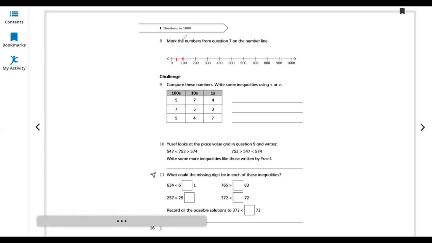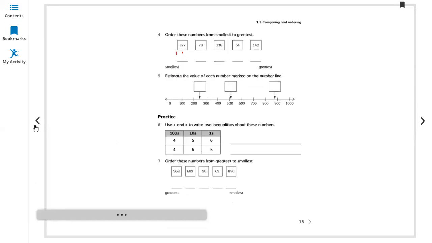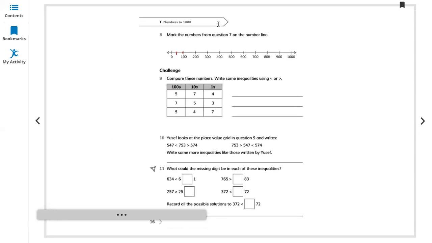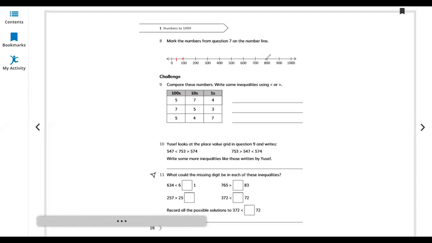We need to move backward. After this we can see 69 done, 98 done. Okay, 689, 896 and 983. Now it's easy. So where is 889? Where is 800? This is 800.